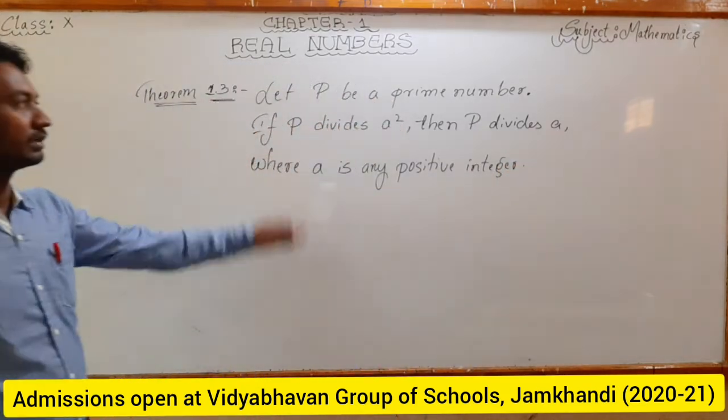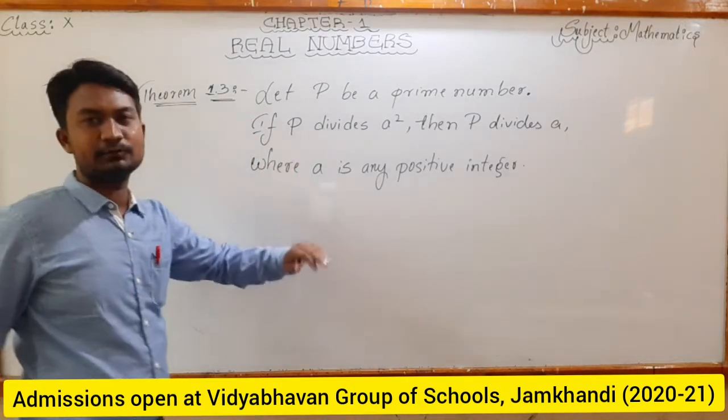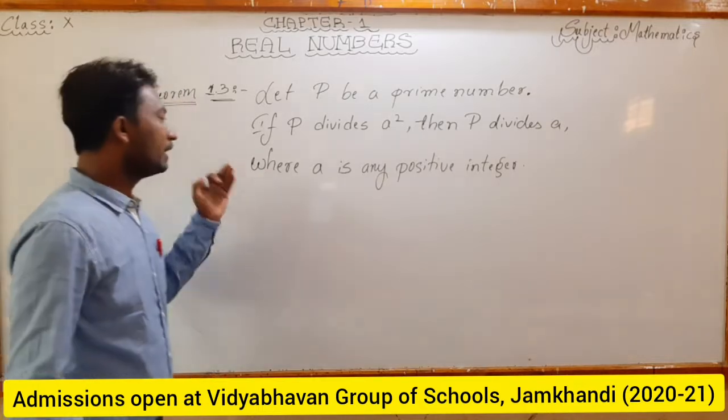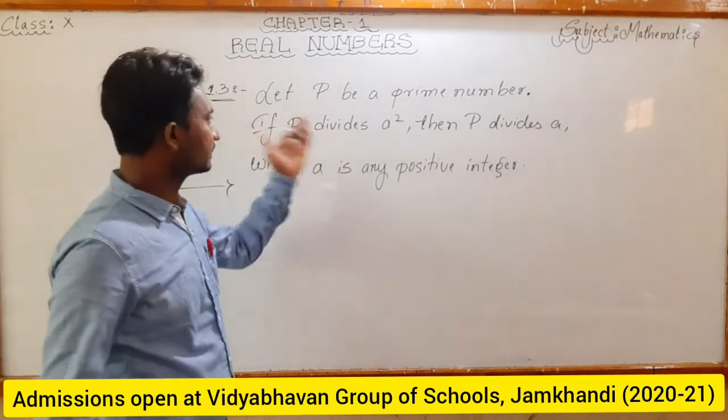Okay, that is the statement: let P be a prime number, if P divides a square, then P divides A, where A is any positive integer. Let us see this statement.